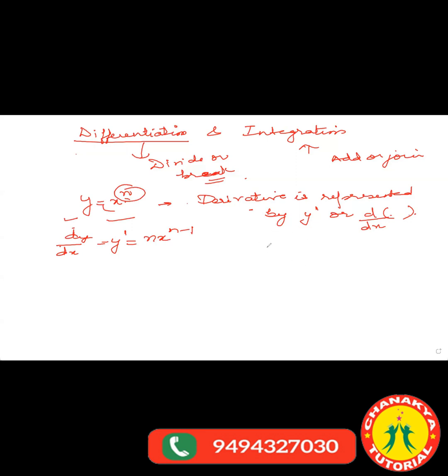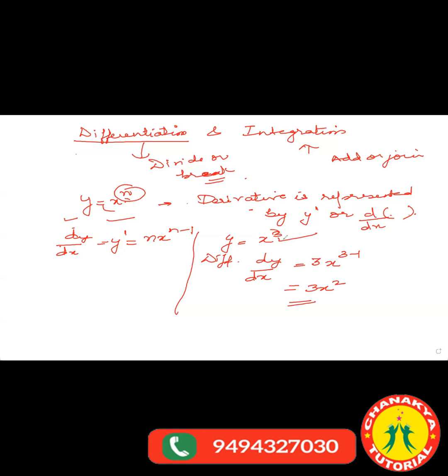For example, if I have to find the differentiation of x cube, dy by dx is equal to 3, this power comes here, then x to the power 3 minus 1, so 3x square. We have broken this x cube into 3x square. Have you gotten my point?